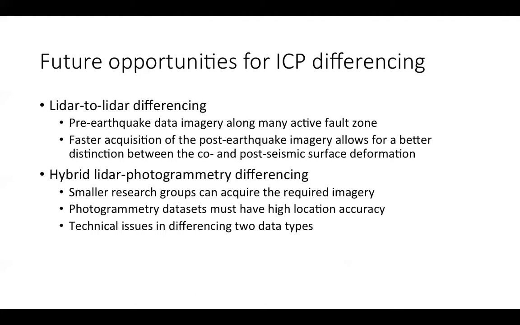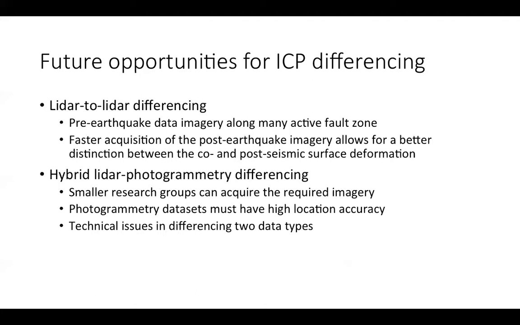Another opportunity is hybrid Lidar photogrammetry differencing. And I'm involved in a couple of these projects. And a big benefit of this type of differencing is that smaller research groups can go and buy a drone and image a particular area. They don't need a Lidar aircraft.